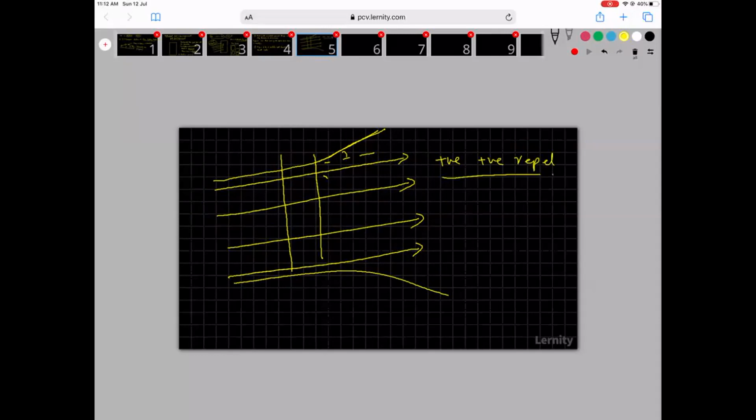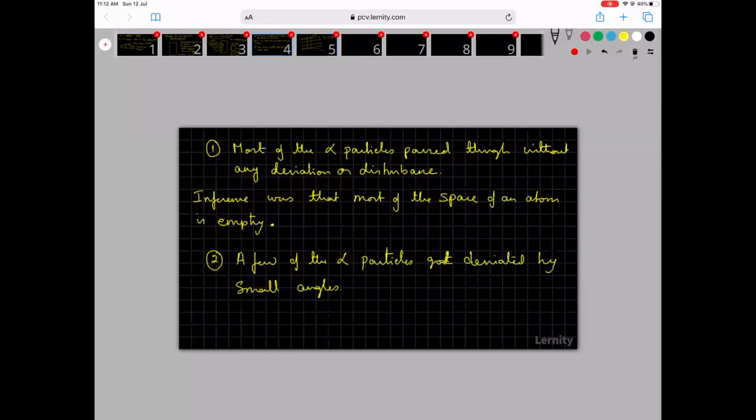So what we could infer from this is that there is a positively charged body inside the atom. This positively charged body, they called it the nucleus.